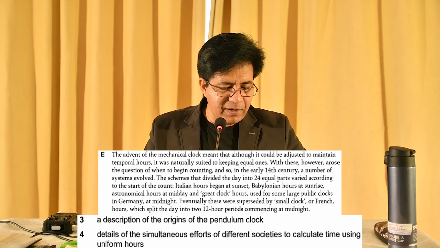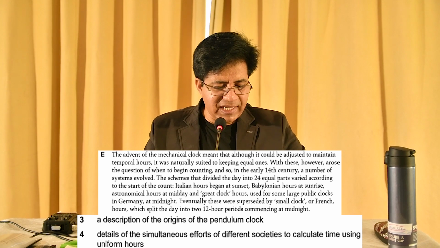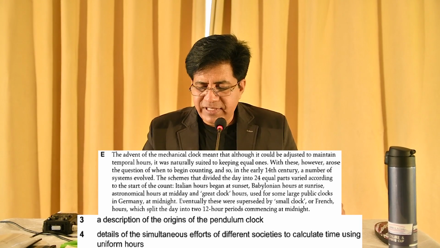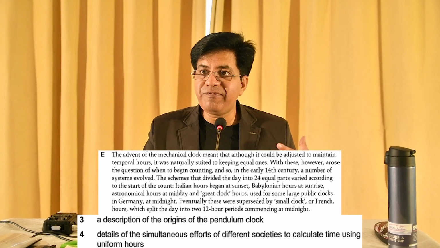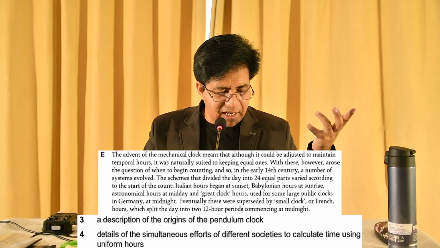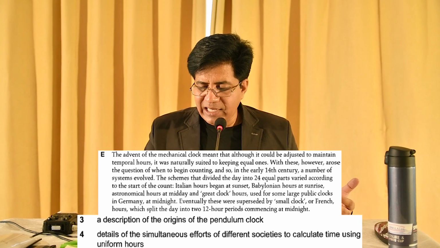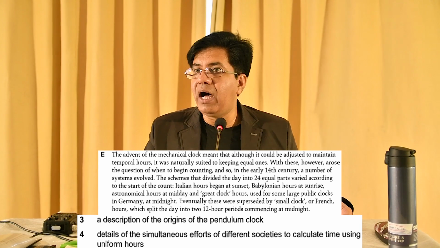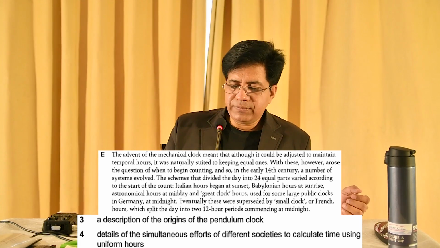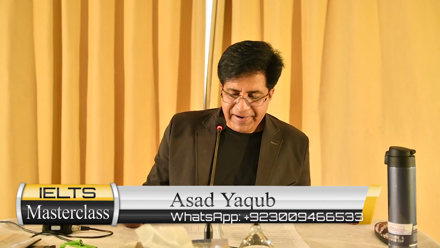So Germany at midnight, Italian at sunset, Babylonian at sunrise. What is that? Details of the simultaneous efforts of different societies. Societies are Germany, France, Babylonian and Italian, to calculate time using uniform hours. Clear? So for question number 4, the answer is E. Well done. Good.